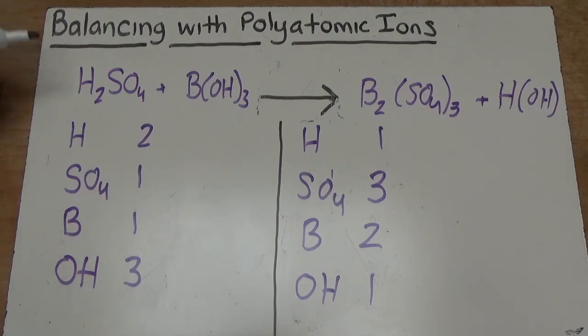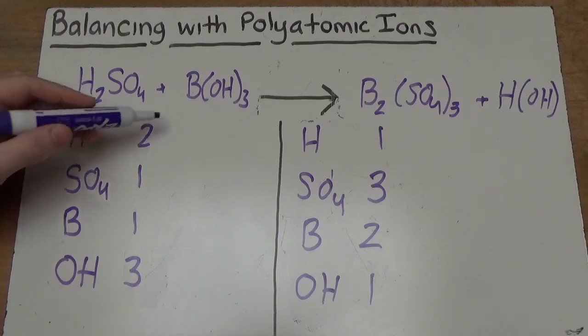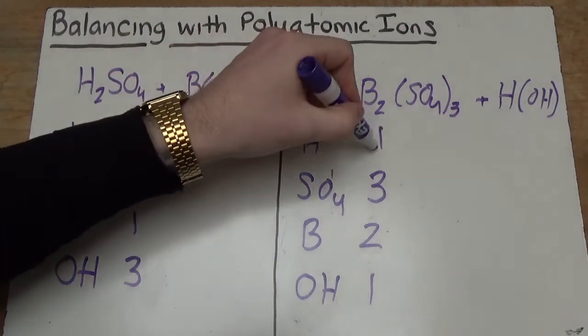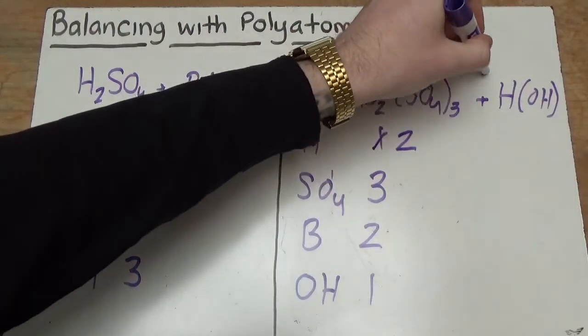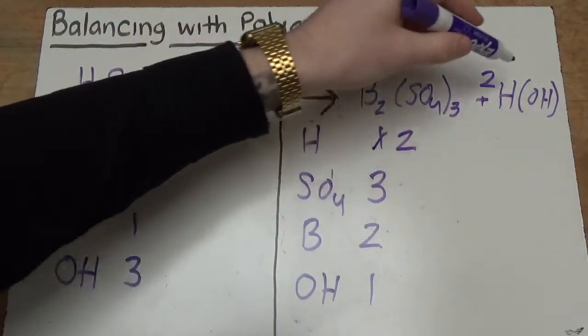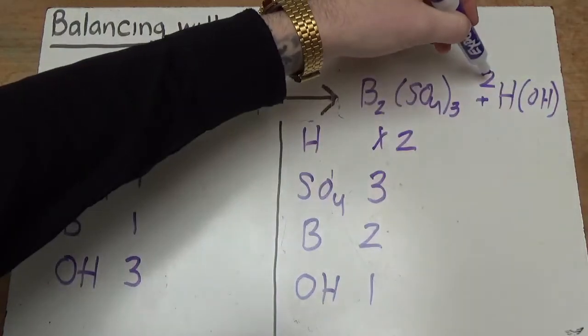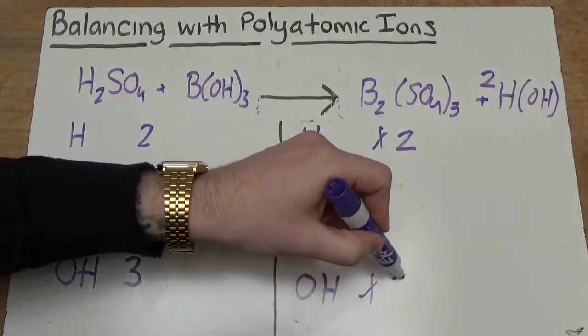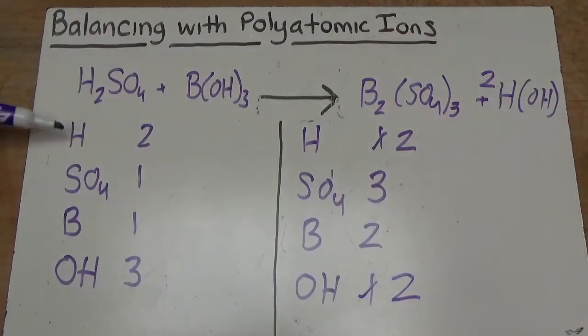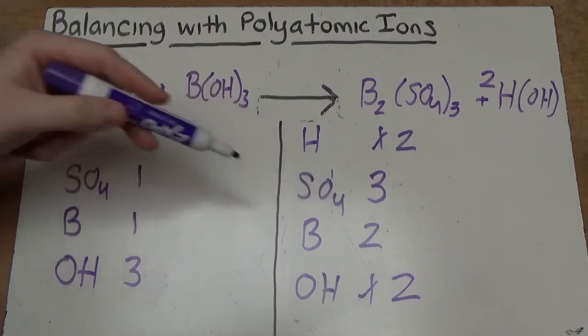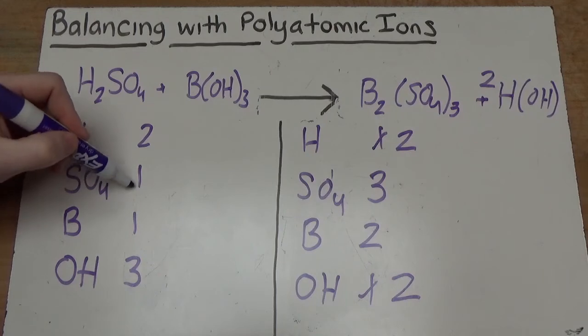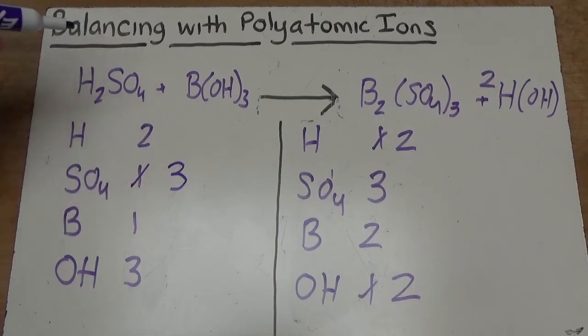Okay, let's begin. First, let's balance the H's. There's 2 on the left, 1 on the right. We're going to multiply by 2, go up here, make this true, and update my number of OHs because now I have 2 of them. H's are balanced. SO4. 3 on the right, 1 on the left. Let's update this. 3.